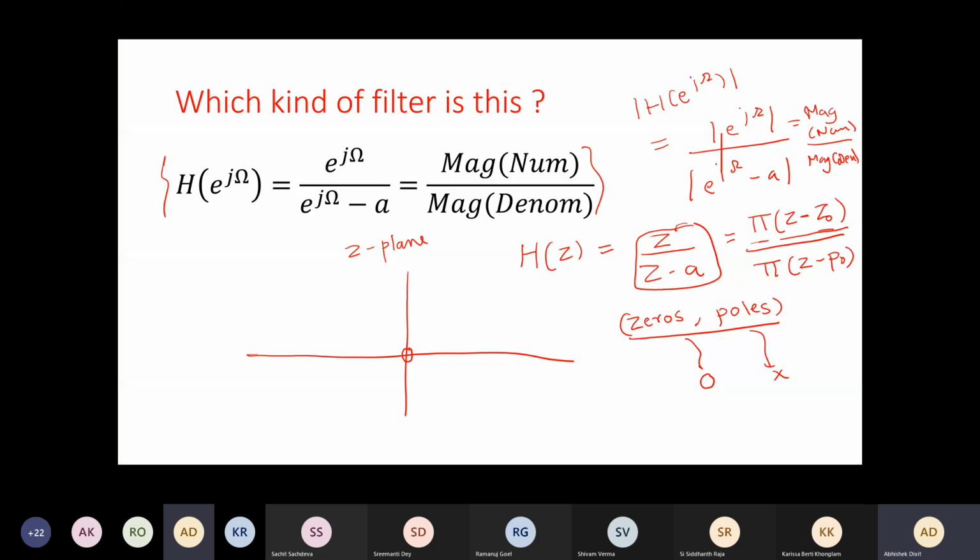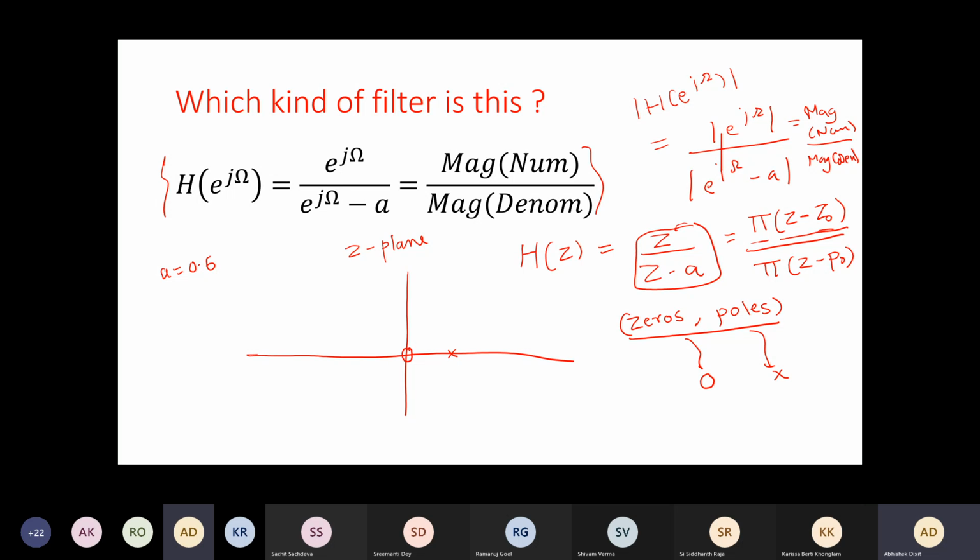Where is the pole? At A, right? And let us assume A as 0.6 for simplicity, because A is unknown. So let me put my pole somewhere here. Okay.